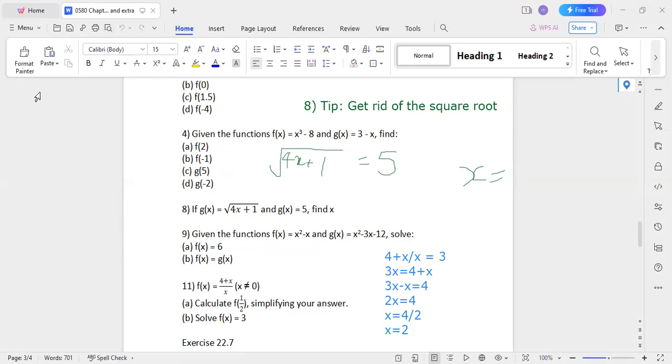This part is correct, but when you write like this, just be a little more careful to add this bracket. So 3x is equal to 4 plus x, 3x minus x is 4. Yes, correct. x equals 2. Your working is on point.